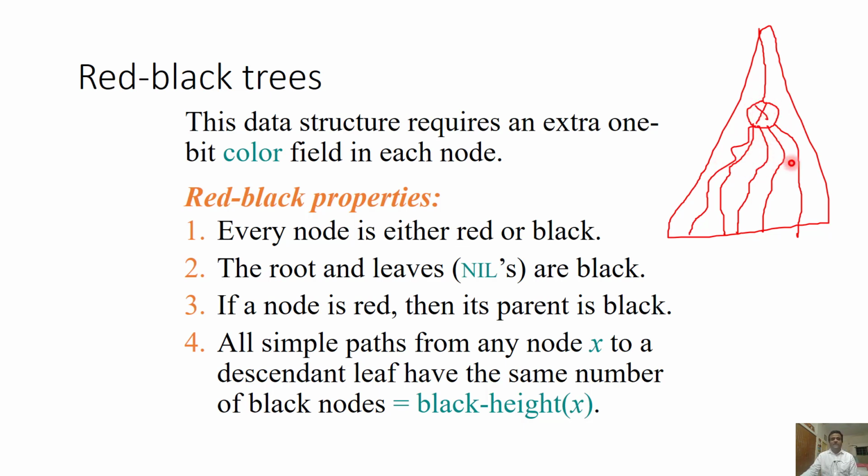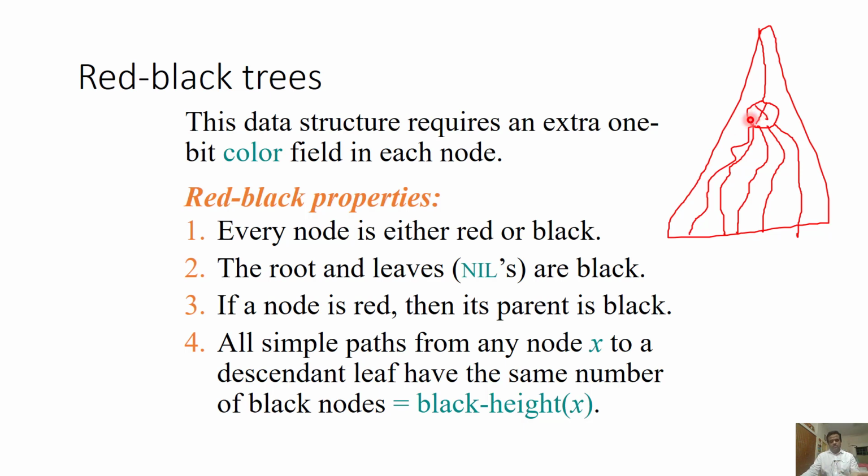So, every simple path from the node to its descendant leaves has the same number of black nodes, and that number we call the black height of that node x. That is how that number is fixed; that is the property. If we have this property, then only can we say that it is fixed, and that is called the black height of this node.